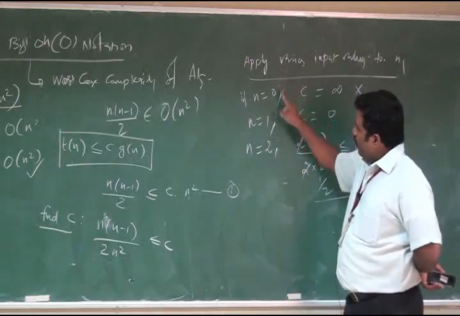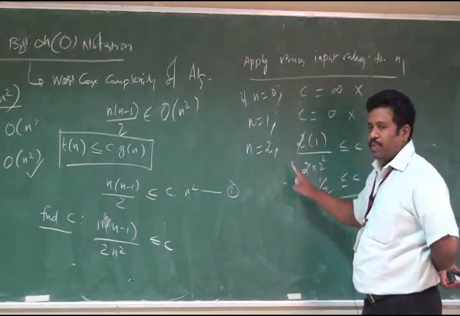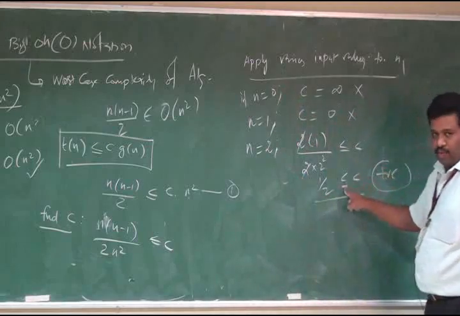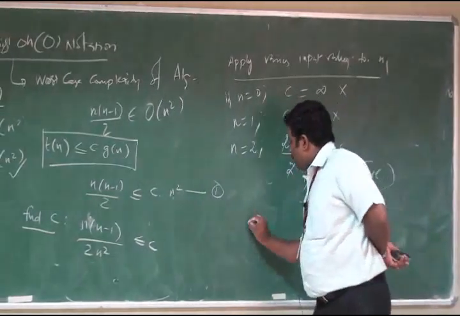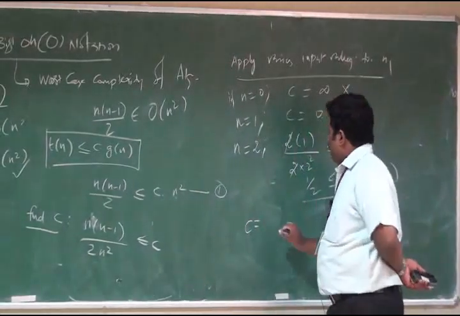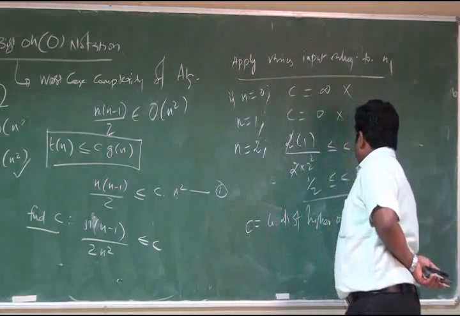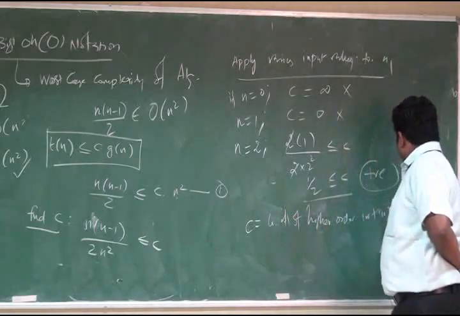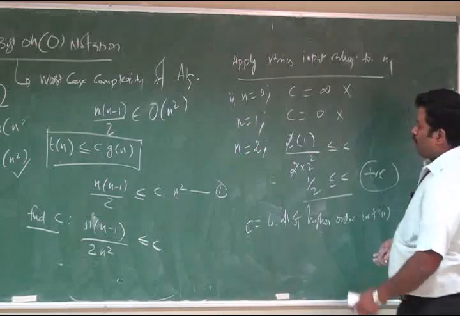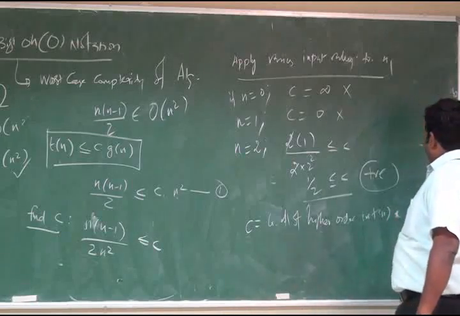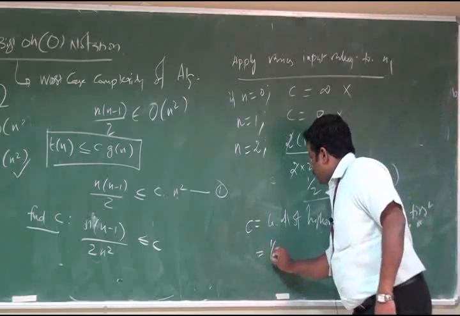See there, for the various possible input instances, you cannot select C equivalent to 0. You are supposed to get the first positive value. C is equivalent to half. It means you select the constant value as the first positive value. Therefore the value is 1 by 2.